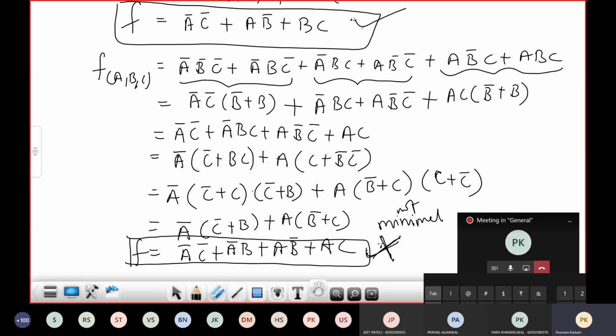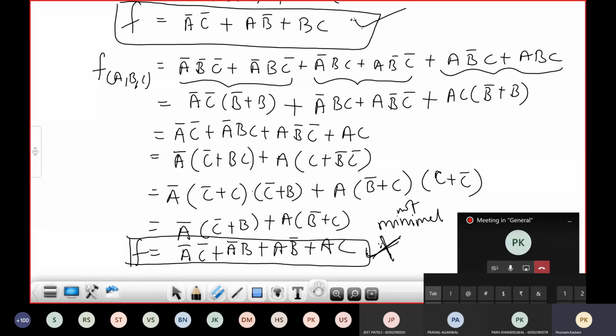Somebody may use some other theorem. I have just used the distributive theorem and solved it. Somebody may use some other theorem and reach some other reduced expression, right? Another point is that there may be more than one solution. In fact, when I said you can combine a different pair, you will find this expression basically has two solutions.